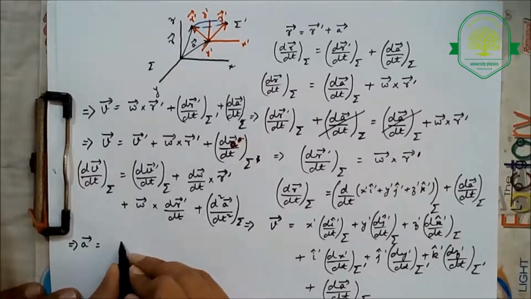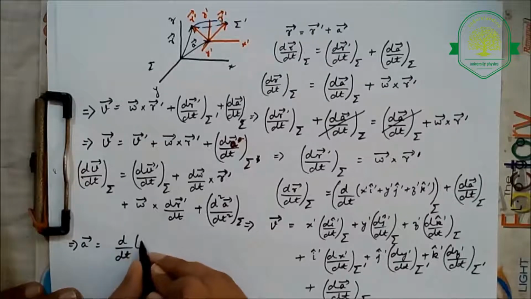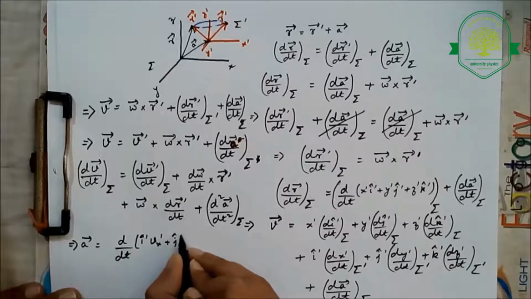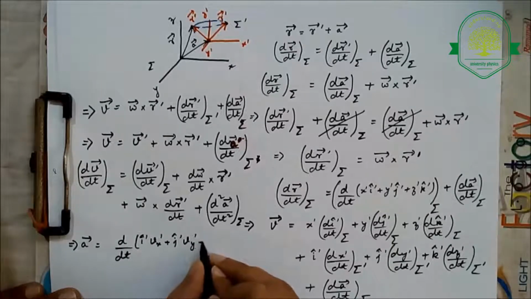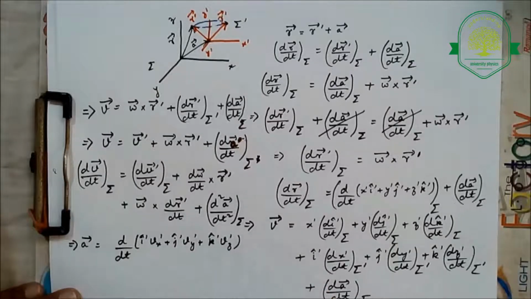So let me just write it out: d/dt of i cap prime Vx prime plus j cap prime Vy prime plus k cap prime Vz prime. For this step I'm not writing these terms out, just imagine that they are there.